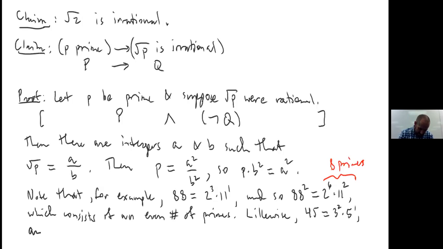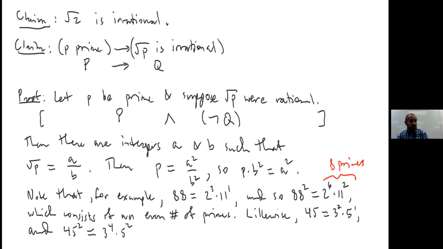And 45 squared is equal to, what's it going to be equal to in terms of those primes? Yeah, 3 to the 4th times 5 squared. You see that there are 4 3s and 2 5s.